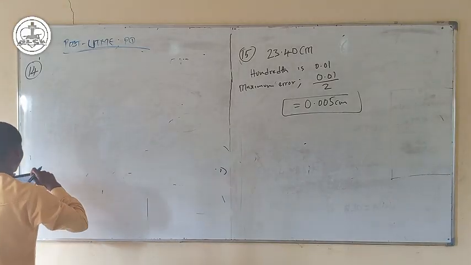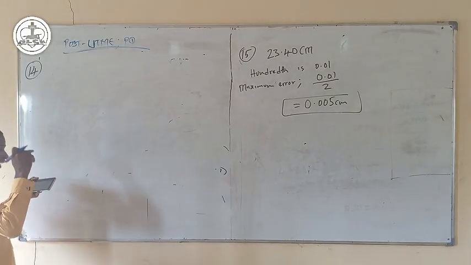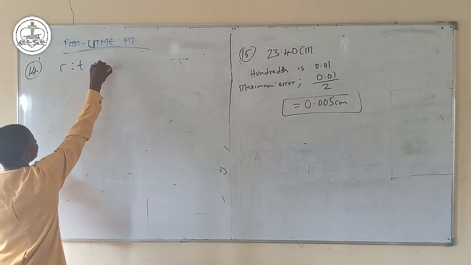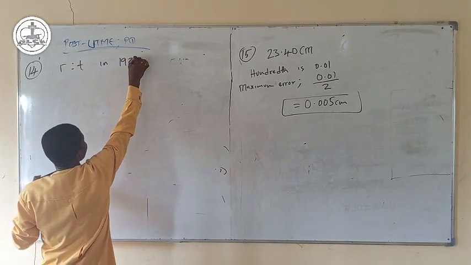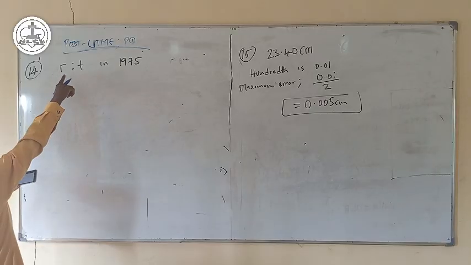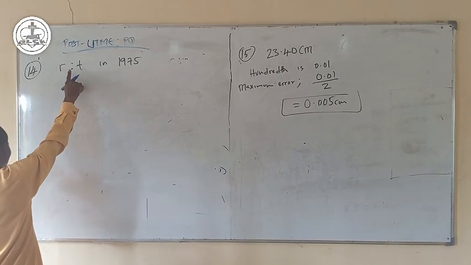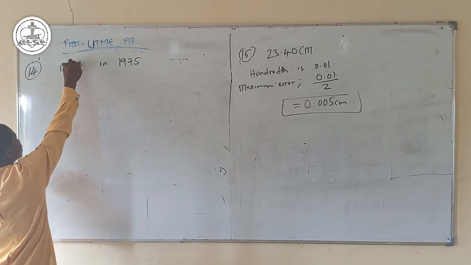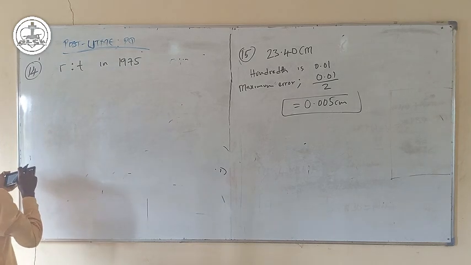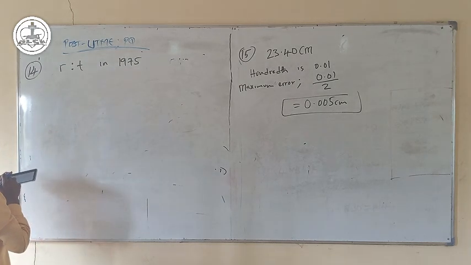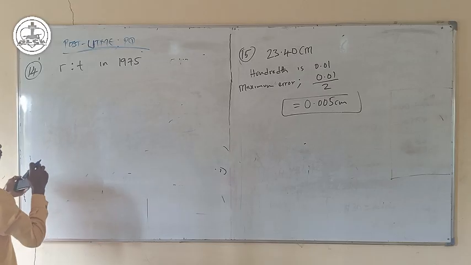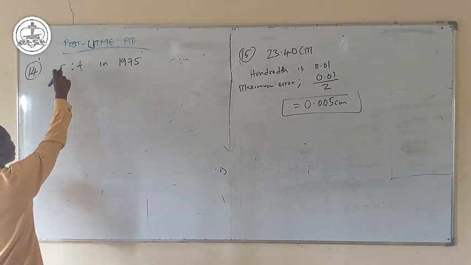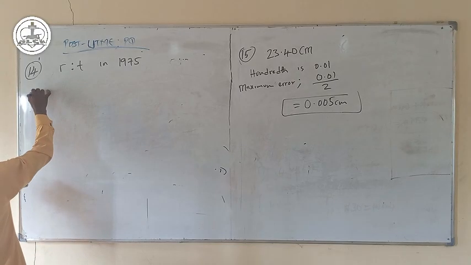The ratio of loaf of bread to packet of sugar in 1975 is R is to T. Then in 1980, the price of a loaf went up by 25%.